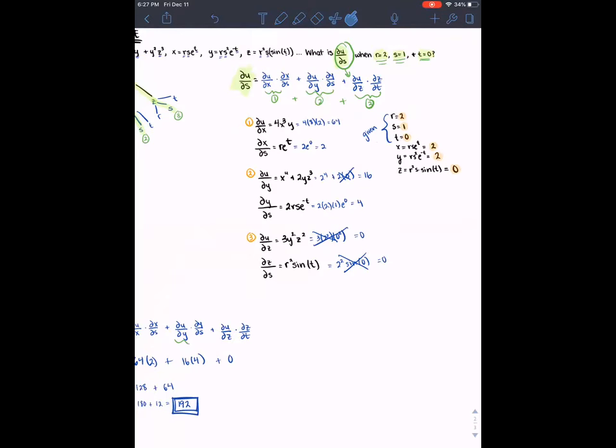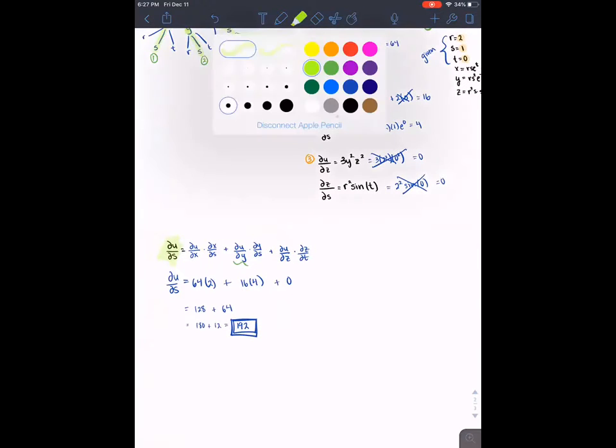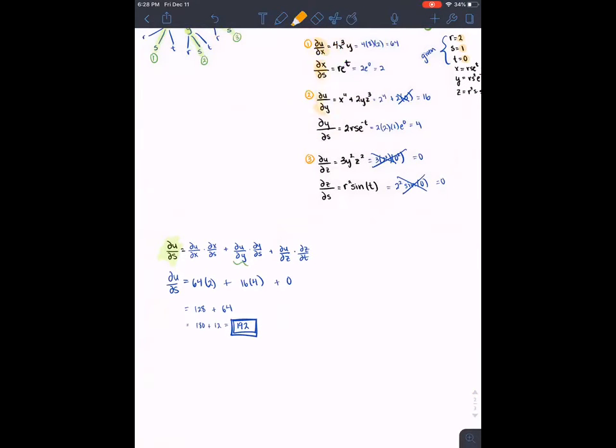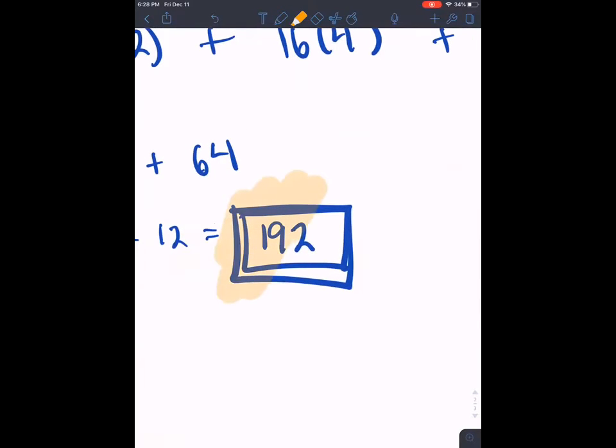And finally, we plugged in all of these numbers into each of these equations in order to get what the values of each of these were, which left us able to plug them into our partial of u with respect to s equation and get the final answer of 192.